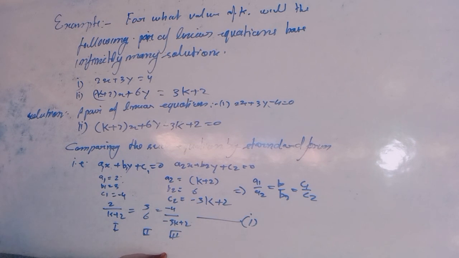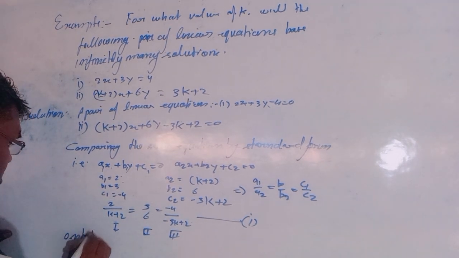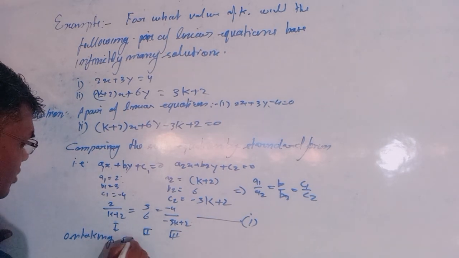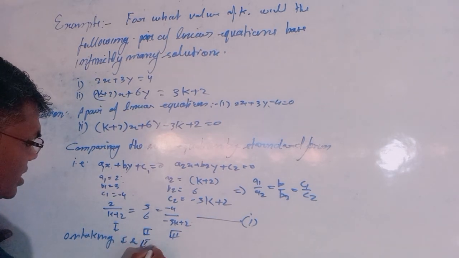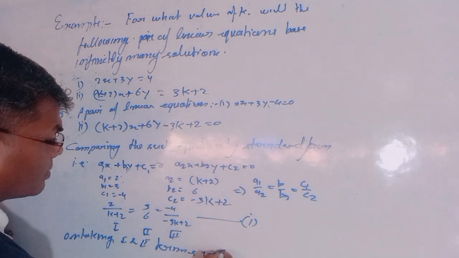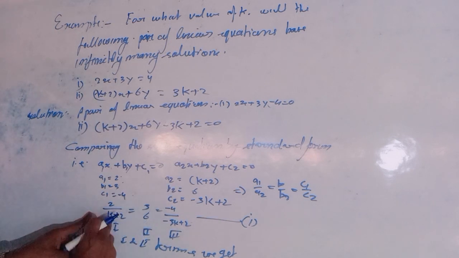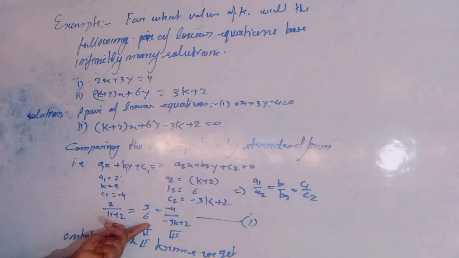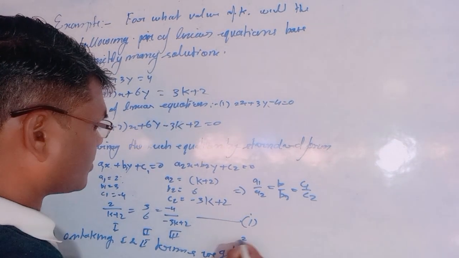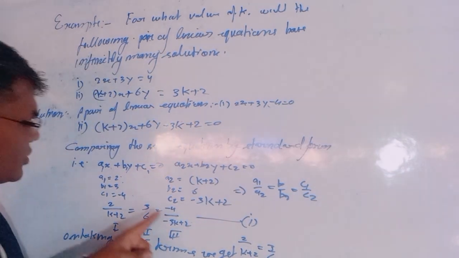On taking the first and second terms we get 2 by k plus 2 is equal to 3 by 6. Got it? Here it is given.